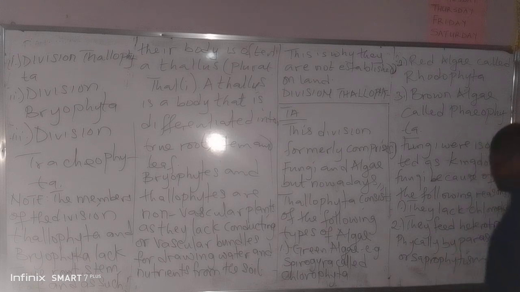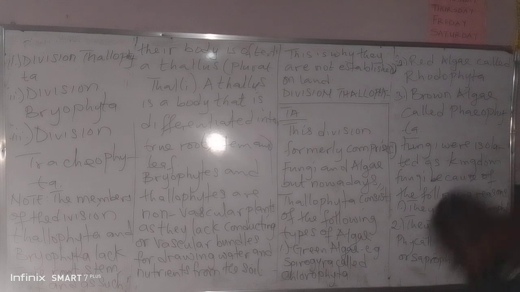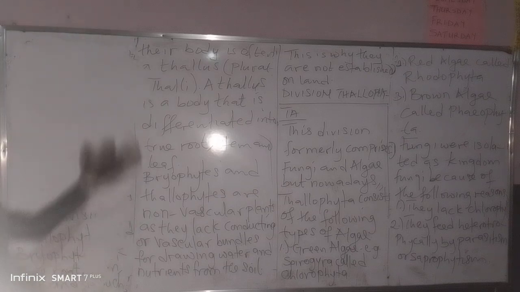They don't carry out holophytic nutrition, that is, carrying out photosynthesis. They don't carry out photosynthesis because they don't have chlorophyll to do that. So they depend on already made food of other organisms. And plants are autotrophs. So that's another reason.